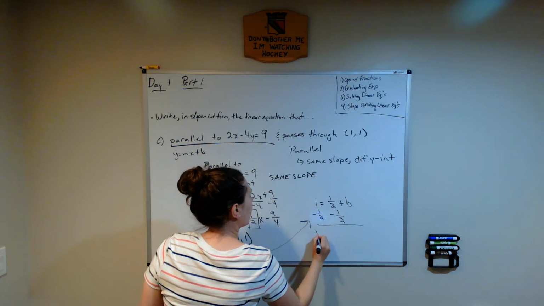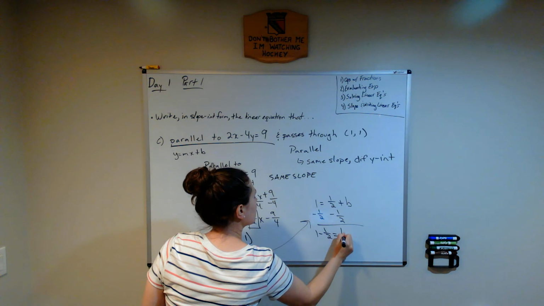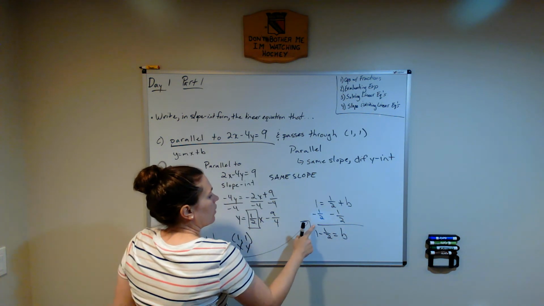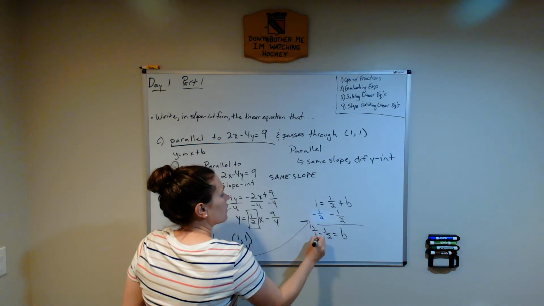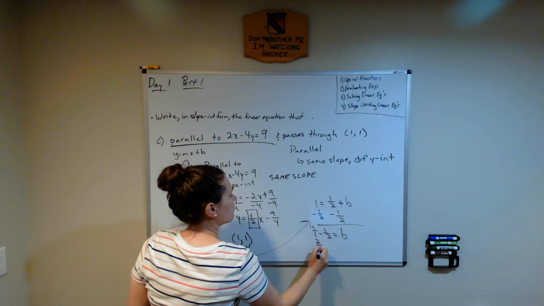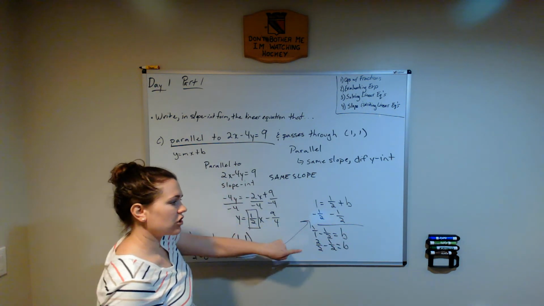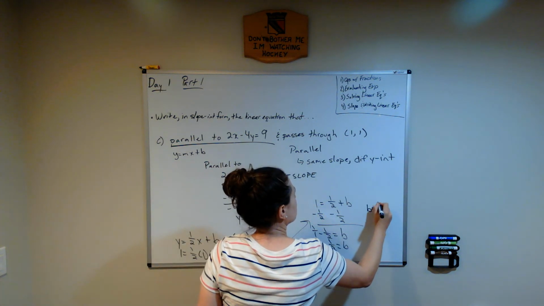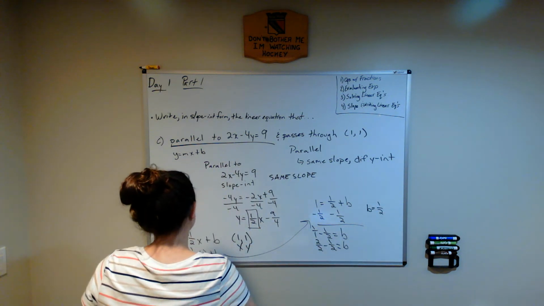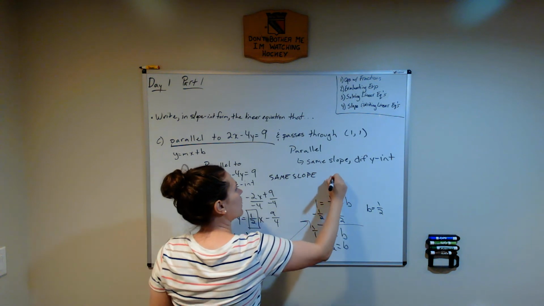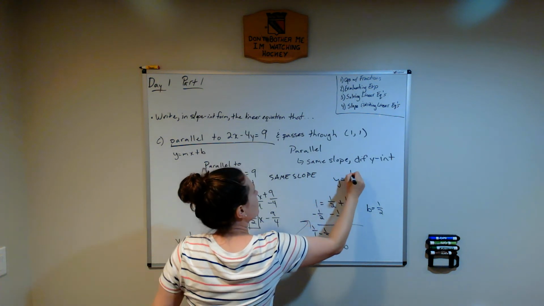So we have 1 minus 1/2 equals b. Okay, that's going to be 1 over 1, common denominator. So 2 over 2 minus 1/2 equals b. Don't forget how to work with fractions, okay? b equals 1/2.